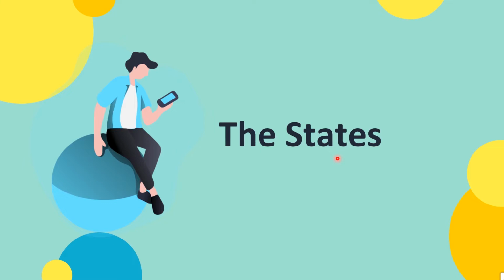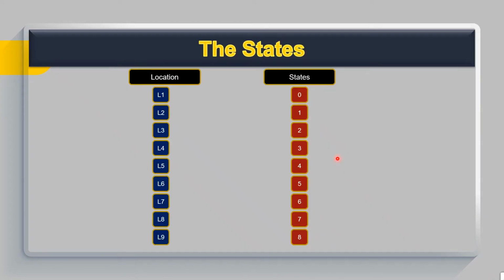The machine understands numbers rather than letters. So let's map the location codes to numbers. So as you can see here, we have mapped location L1 to state 0, L2 to state 1 and so on. We have L8 as state 7 and L9 as state 8.